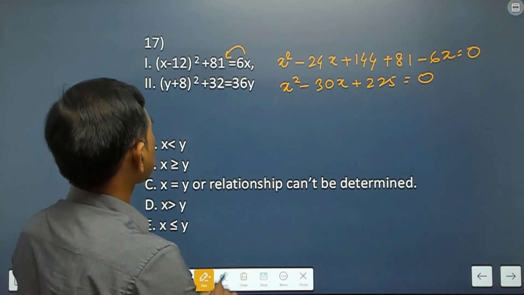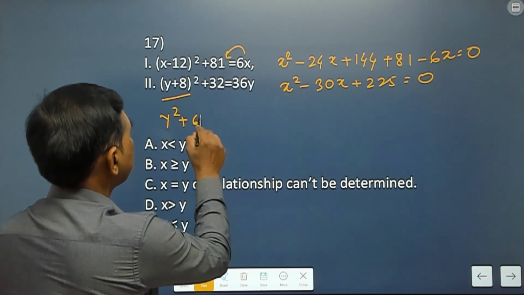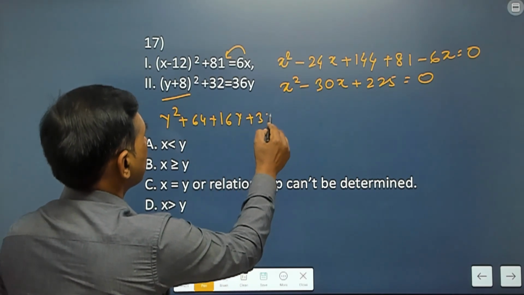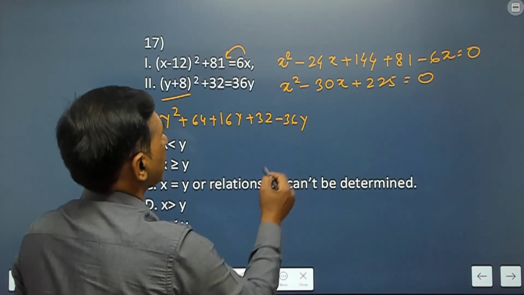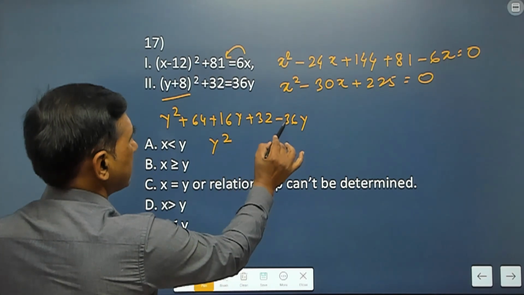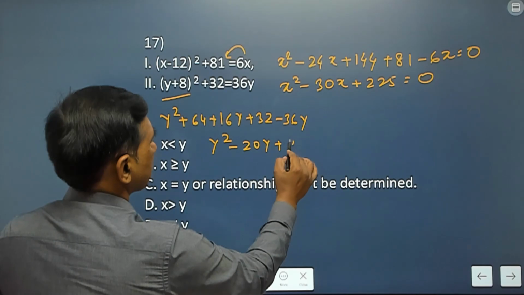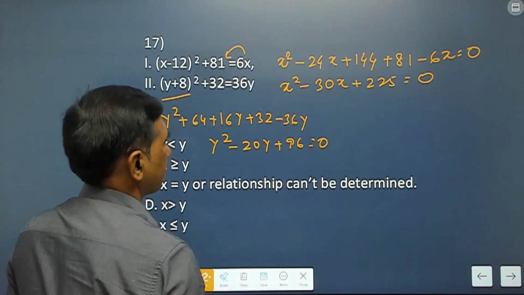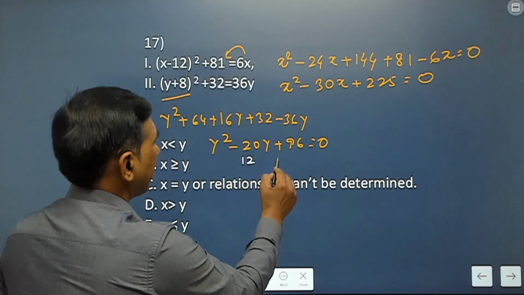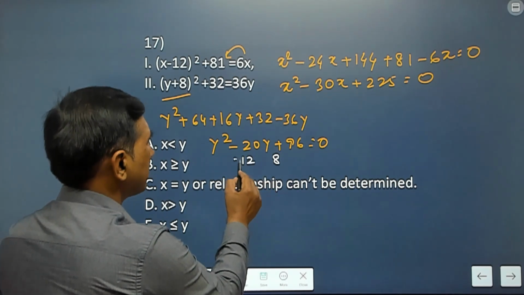This one y plus 8 square, so y square plus 64 plus 2 8s is 16y plus 32 minus 36y. So it is giving you y square plus 16 minus 36, so minus 20y plus 96. So it is basically 12 and 8. 12 8s is 96. Both the roots have to be positive.